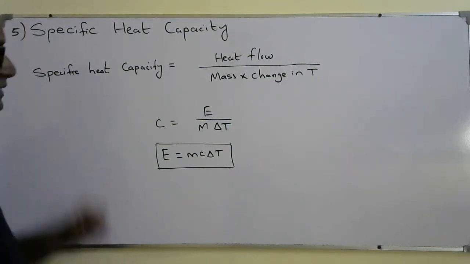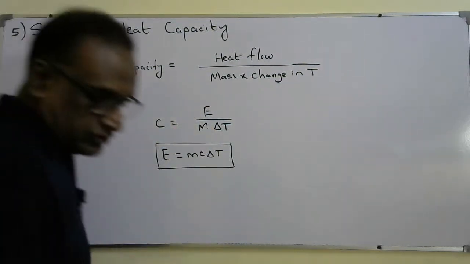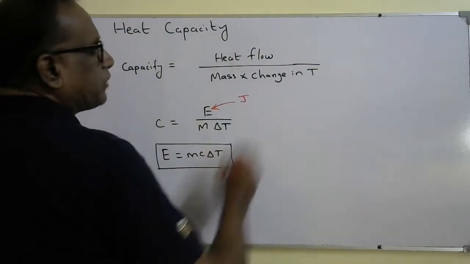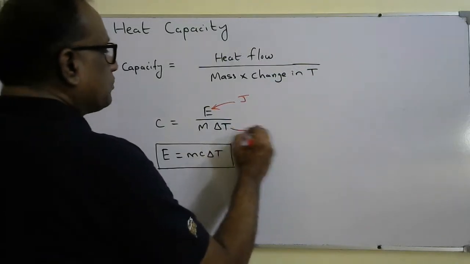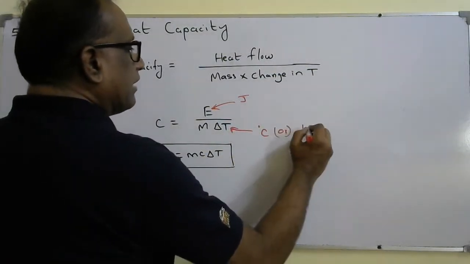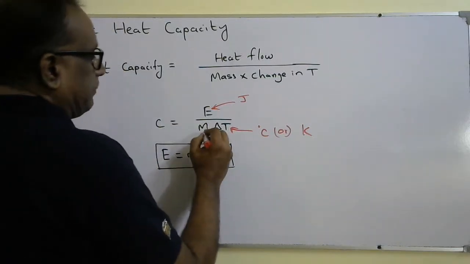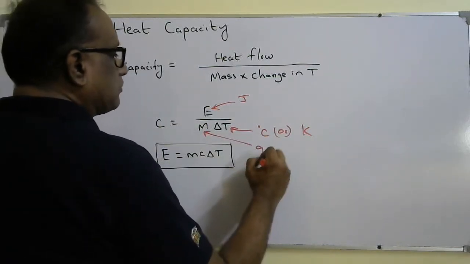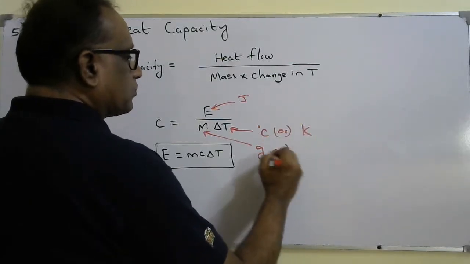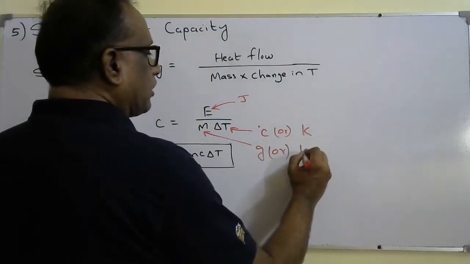So the unit of C: this is the unit of E, normally we keep it in joules or kilojoule, but there are many possibilities, joule. This could be either degree Celsius or Kelvin. Mass, normally we keep it in kilogram or gram, but depending on the question you can find out gram or kilogram.